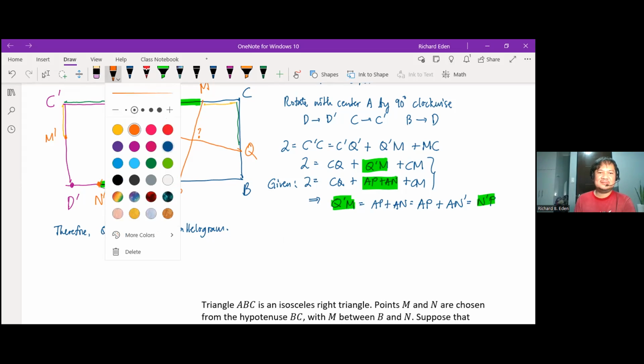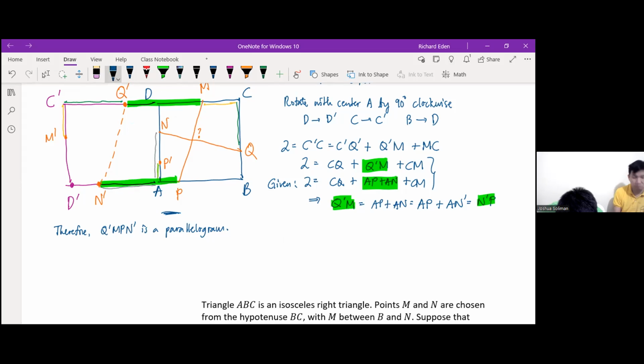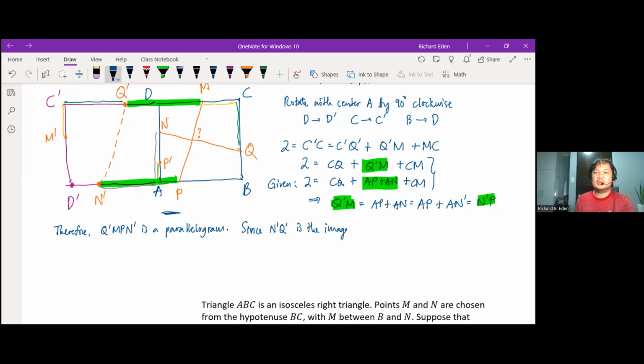If N prime Q prime is the image of NQ, then N prime Q prime and NQ are perpendicular. Now, of course, N prime Q prime and NQ are segments.